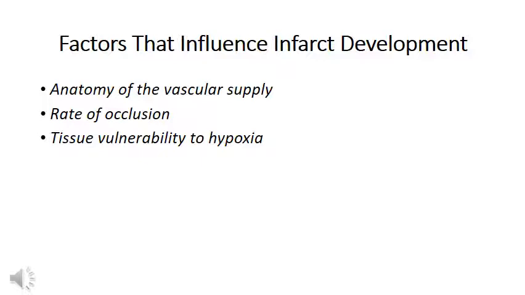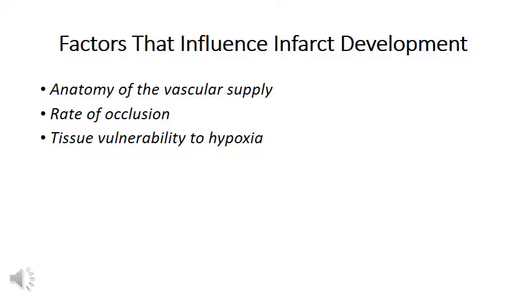Tissue vulnerability to hypoxia: for how much time a tissue can bear hypoxic condition. For example, brain tissues cannot bear hypoxic condition for more than 2 to 3 minutes, then there are more chances of infarction.